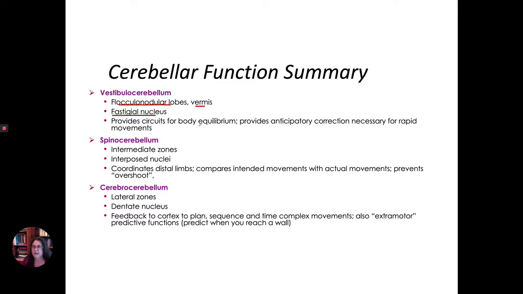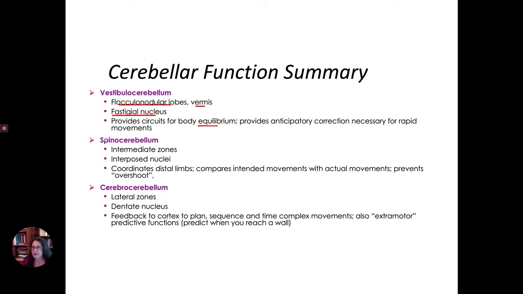And this has a lot to do with modifying equilibrium, giving you that core stabilization for all that movement that might be happening with that core in the center, and might anticipate corrections necessary for when you're doing things with these limbs to maintain equilibrium and that status quo.